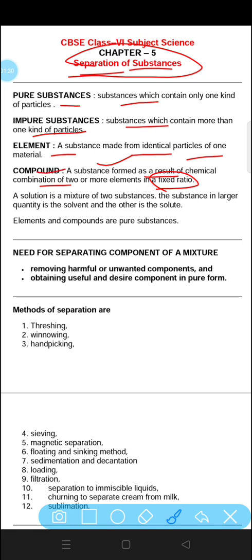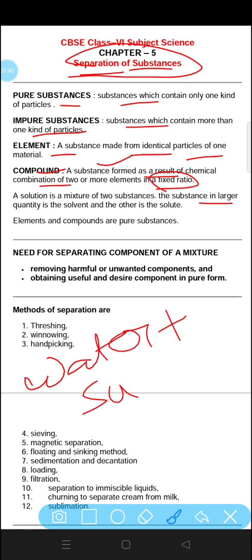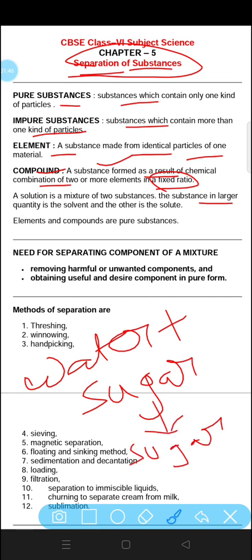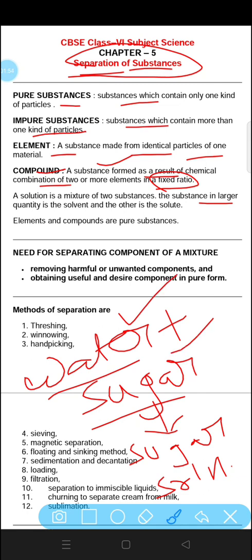Now a solution is a mixture of two substances. If we see a solution, for example, water plus sugar. If we mix water with sugar, we will get sugar solution. So this solution contains two things. One is water, another one is sugar. 1 glass of water and 1 spoon of sugar.